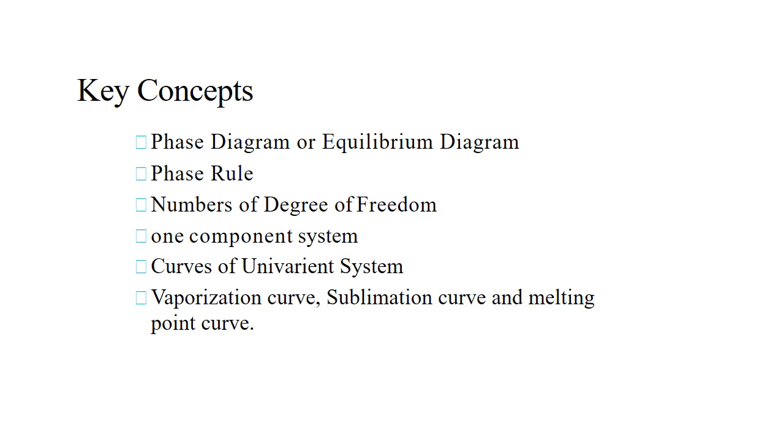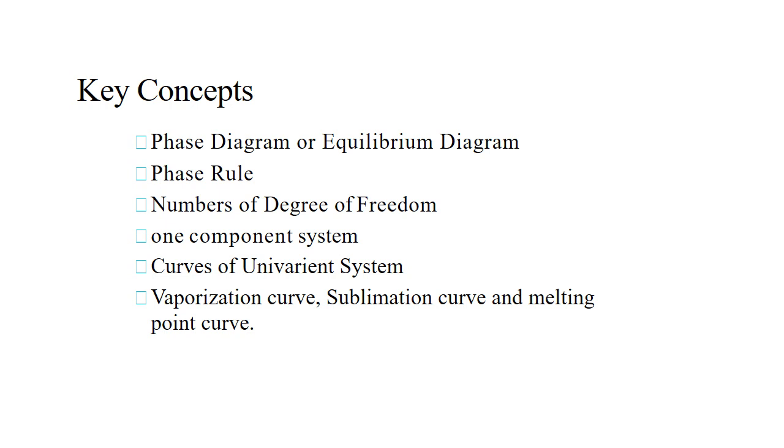After this we will discuss one component system and the phase diagram drawn for the one component system. Then we will discuss various curves of univariant system. There are three types of the system on the base of degrees of freedom.